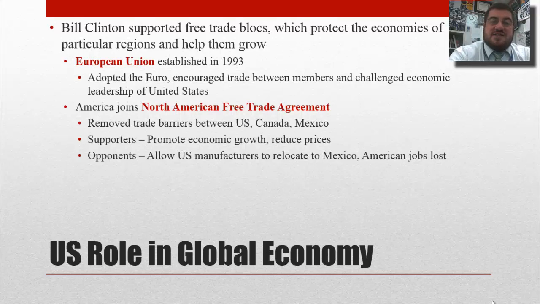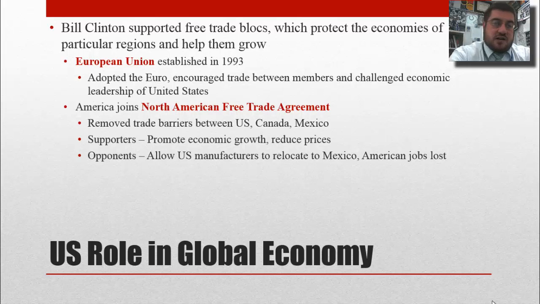Well, Clinton's response to this is the North American Free Trade Agreement, or NAFTA for short. What it does is it removes trade barriers between the three major North American countries, U.S., Canada, and Mexico. Supporters say that it will reduce prices and promote economic growth, basically the advantages of globalization.